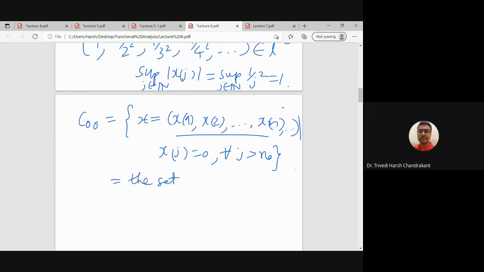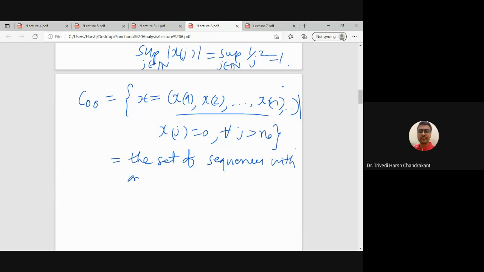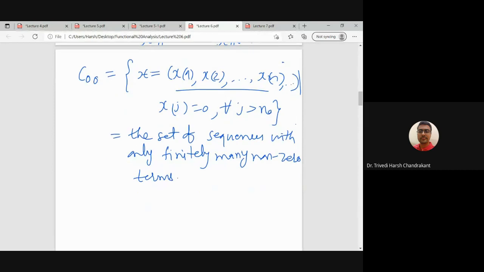The set of sequences with only finitely many non-zero terms.